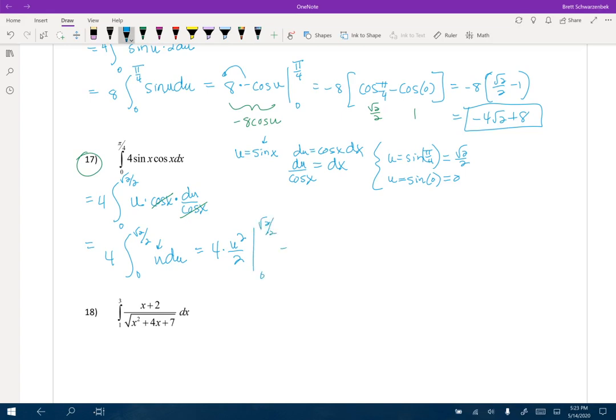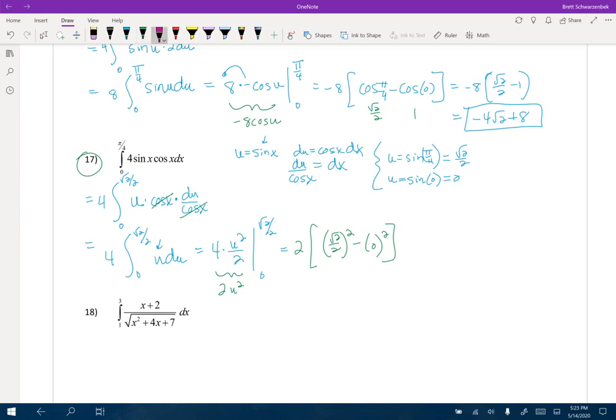We can then, if we'd like, make this easier for us. We can make this just 2u squared, which means we can leave the 2 on the outside. And we can just evaluate root 2 over 2 and 0 at u squared. So we're going to get root 2 over 2 squared minus 0 squared. We want to do this little math here.